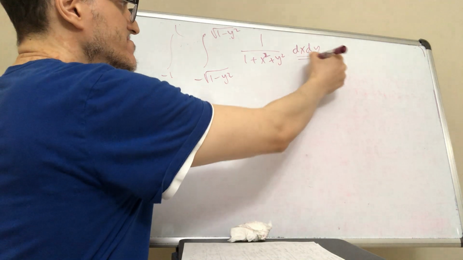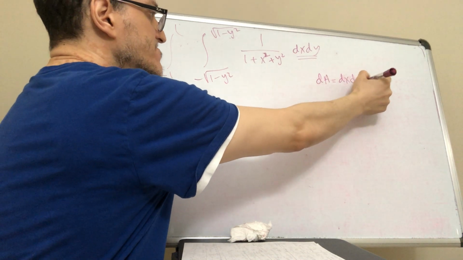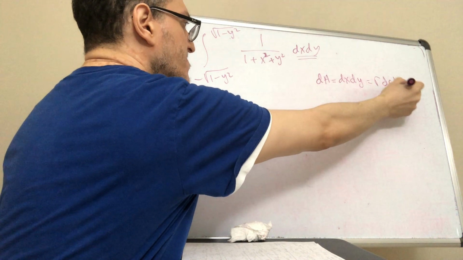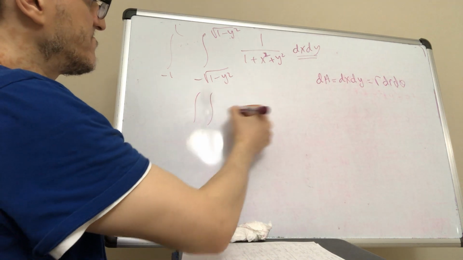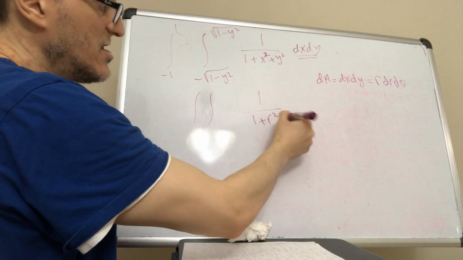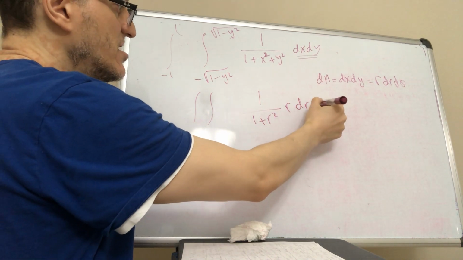I know this is dA, and it's r dr d theta. So x squared plus y squared is r squared, and here I can put r dr d theta.